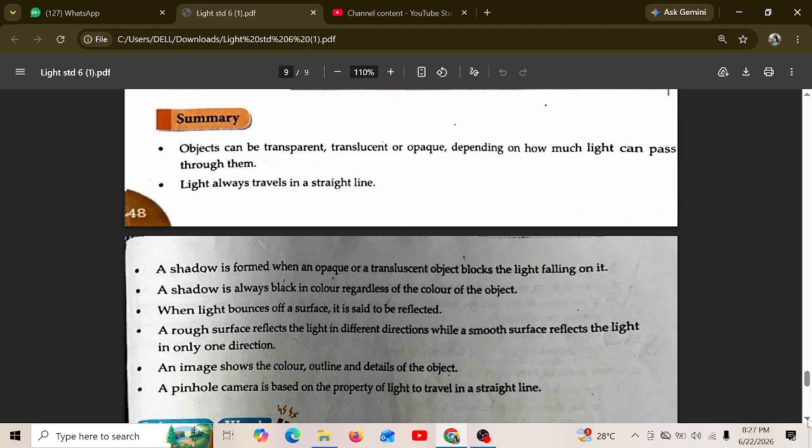A shadow is always black in color regardless of the color of the object. A rough surface reflects the light in different directions, while a smooth surface reflects the light in one and only one direction. An image shows the color, outline and details of the object. And finally, a pinhole camera is based on the property of light to travel in a straight line.